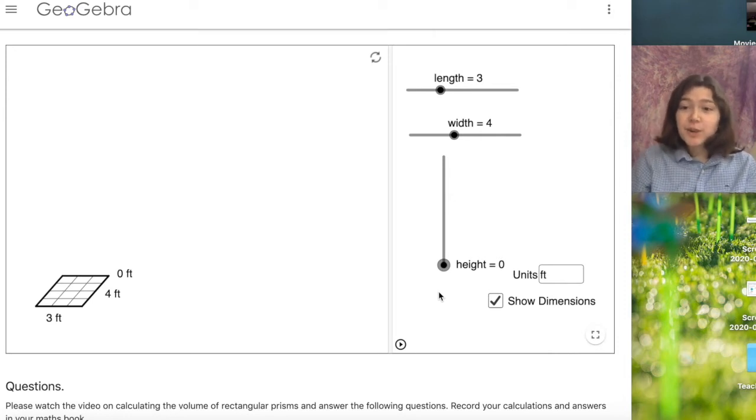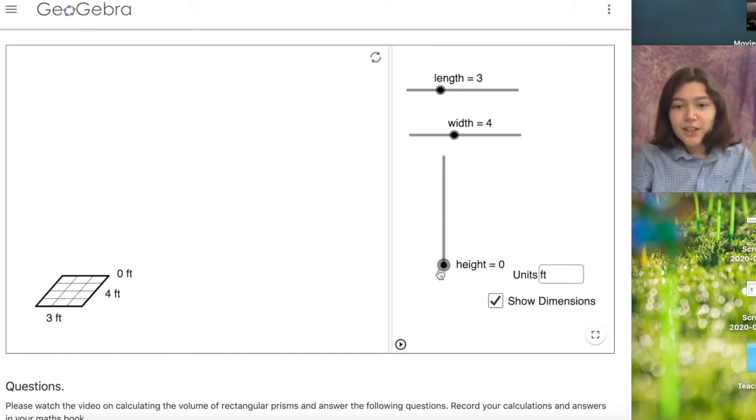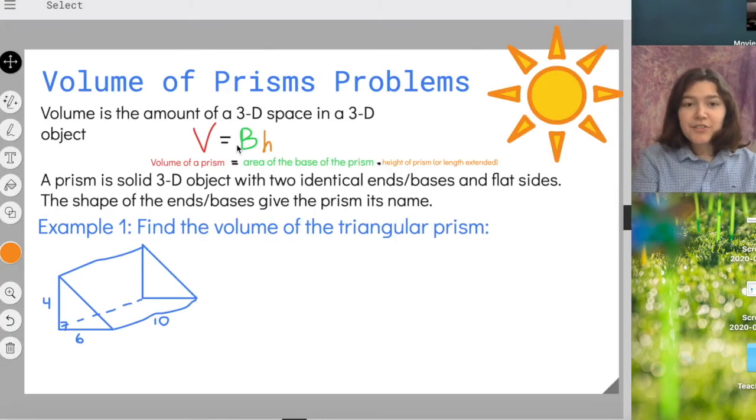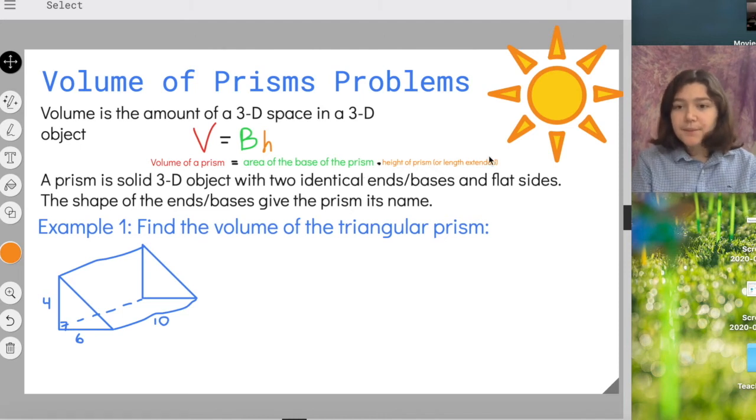That area is 12 feet squared. And then I multiplied that by my height, however much I extended it in feet, and that always gave me my volume. That's going to be the case whether we have a triangular base, or a hexagonal base, or a square base. In any version of that, I'm going to find the area of the base of that prism and then multiply by my height.